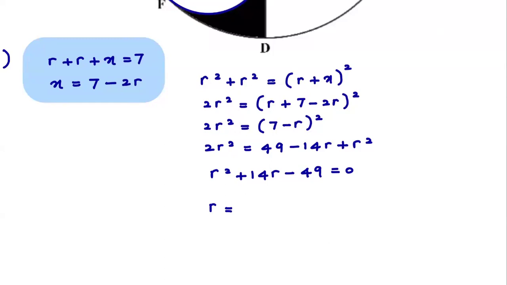Negative b, remember or not? Negative b, then plus minus square root of b square minus 4ac, over 2a.